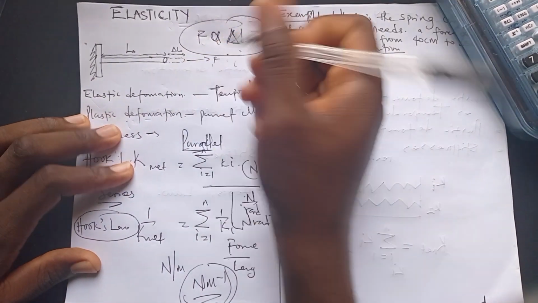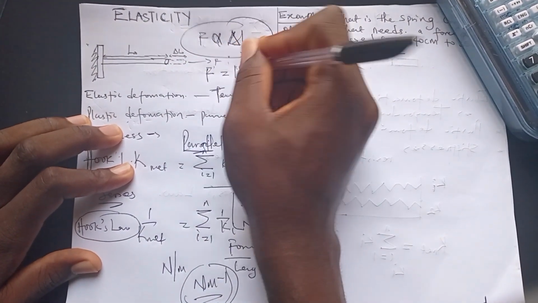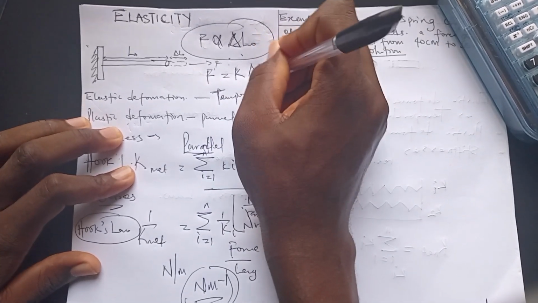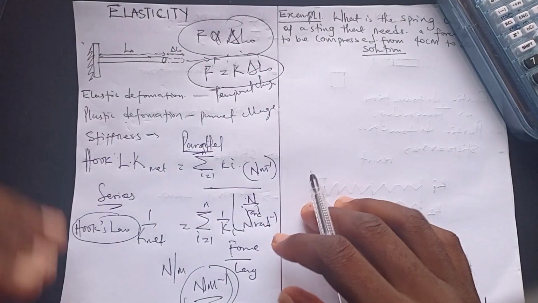So introducing the stiffness k, we have the force is equal to the stiffness times the change in length.